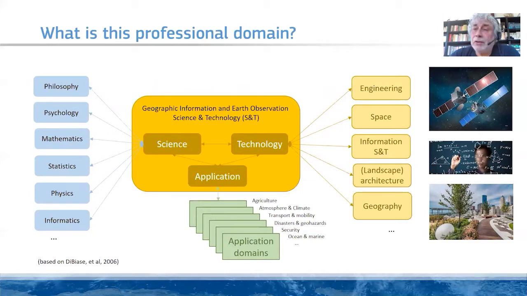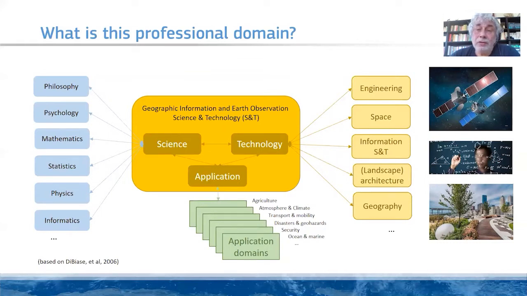But it's not only about scientific insights and the real fundamental science behind, it's also about the related technologies. And the technologies can be very broad. It can go from software to certain elements that can be used to collect information in the field, etc., etc.